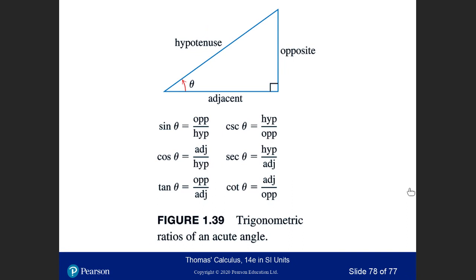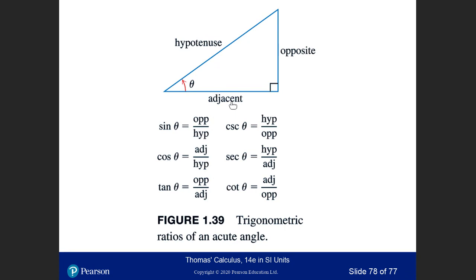Now, if you have a right triangle, this is the hypotenuse, this is the opposite, this is the adjacent. So sine theta is defined like this: this side divided by the hypotenuse. Cosecant theta is just the reciprocal of this: hypotenuse divided by the opposite side. It's 1 over sine theta.